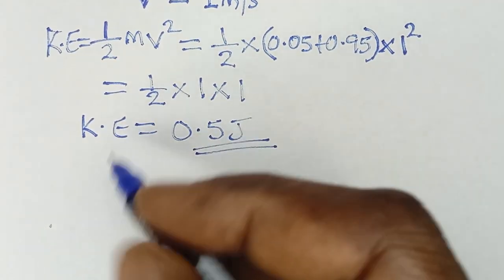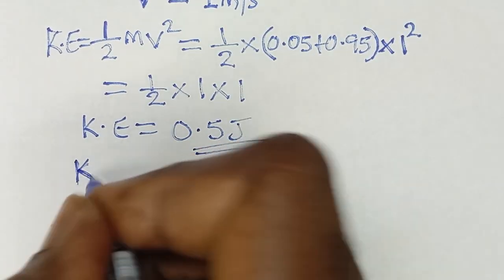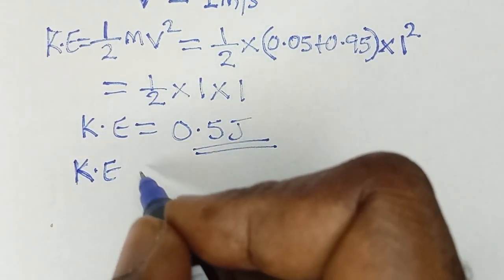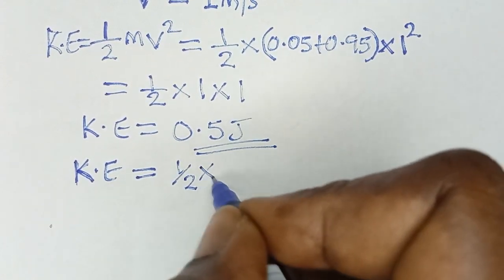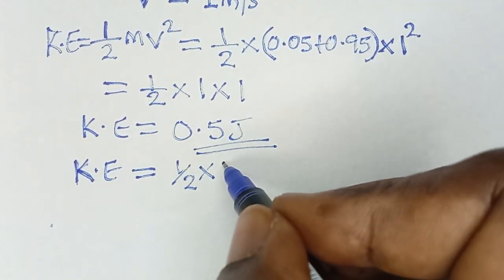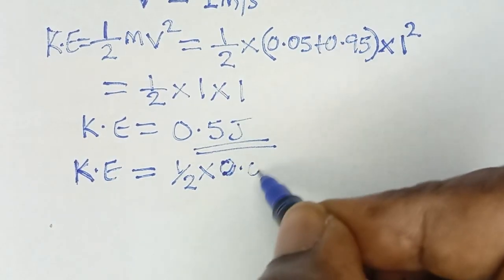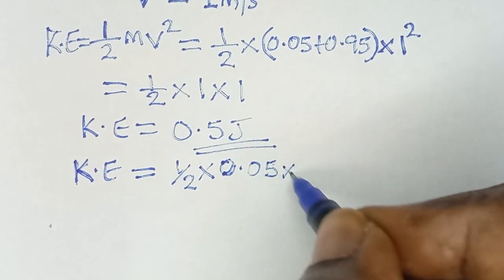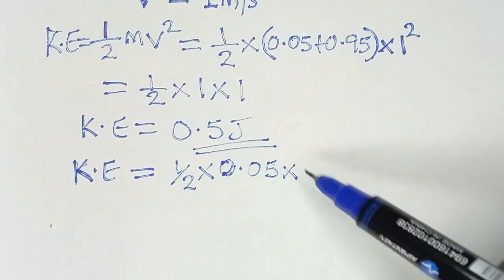So the kinetic energy of the moving bullet is equal to half multiplied by the mass of the bullet, which is 0.05, and then multiply by v squared. Don't forget, it is half mv squared.